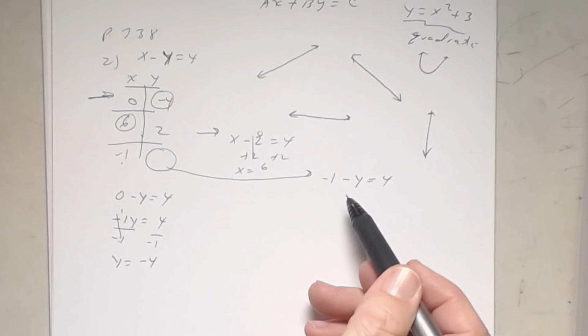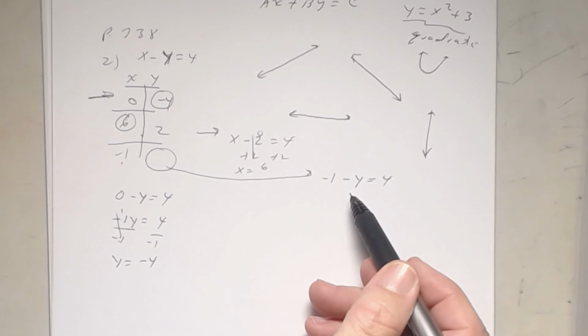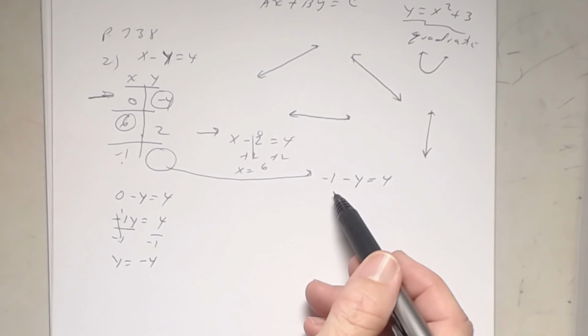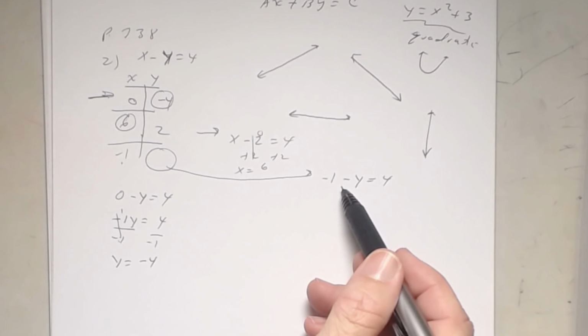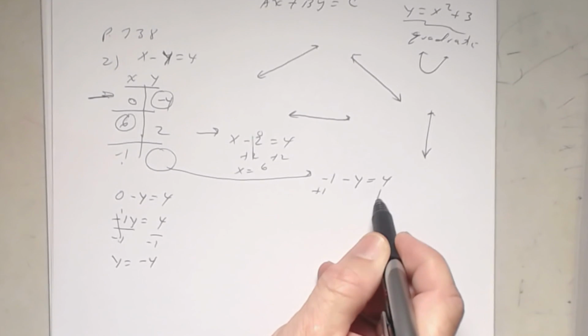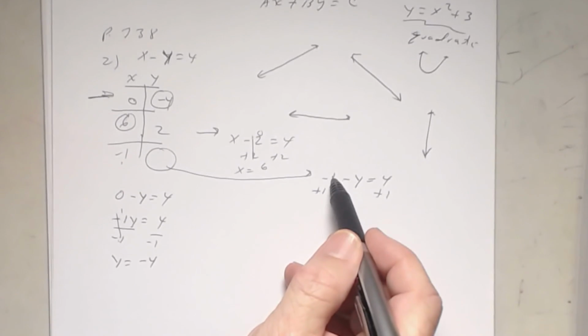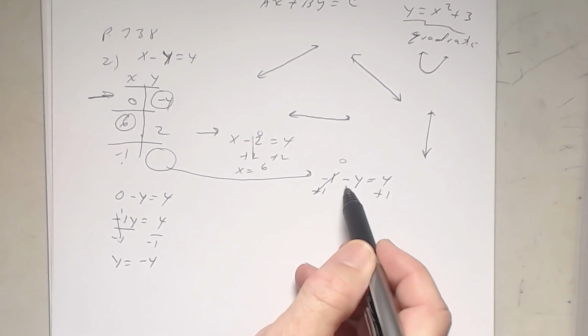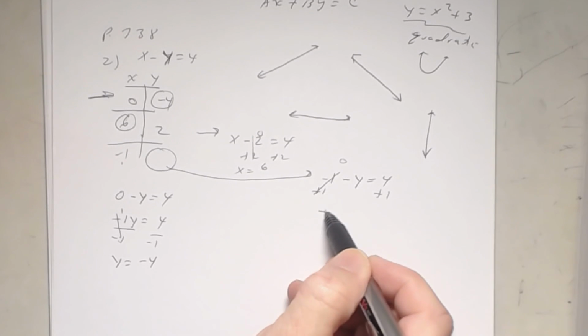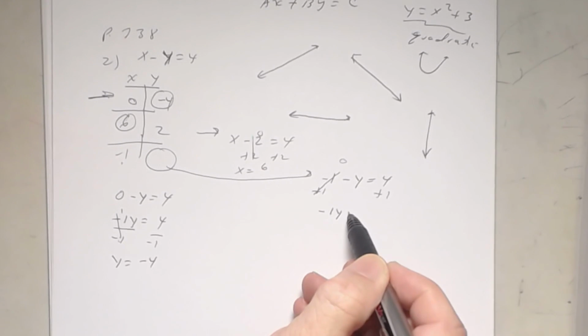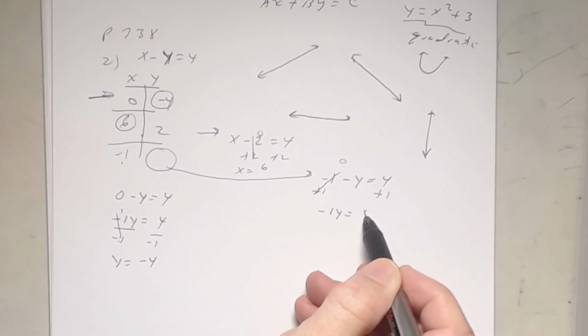You just tell me what you want to do. You want to add 1? Okay, that's fine. If you add 1 to both sides, a -1 and a +1 is 0. What's left, though? -1y, or negative y, equals 5.